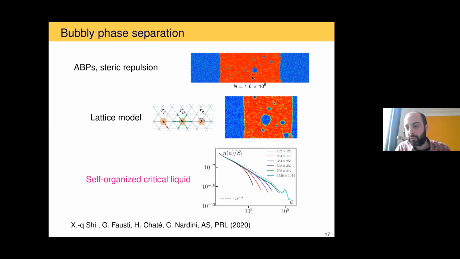What is not clear is what happens close to the critical point, just at the activity at the onset of the phase transition. But otherwise, in all the phase diagram and in all the parameters that have been studied in the literature, you have these bubbles. Yes.